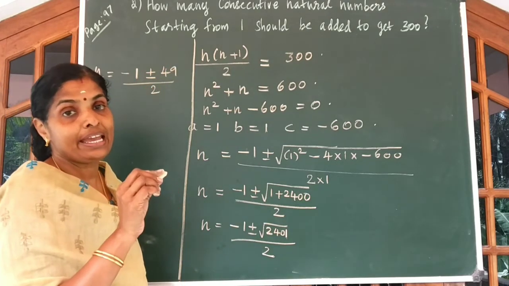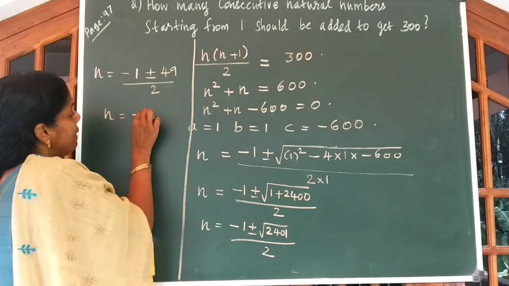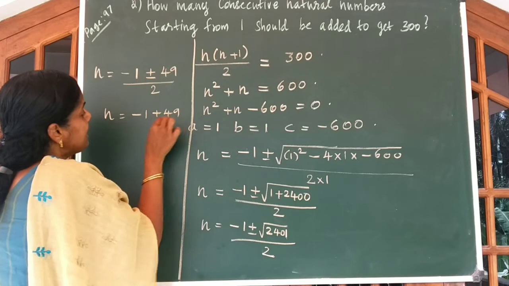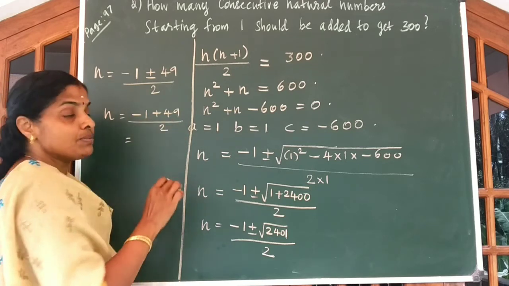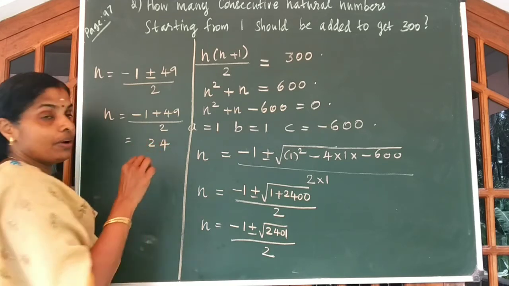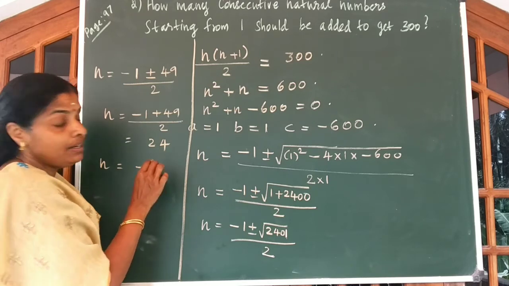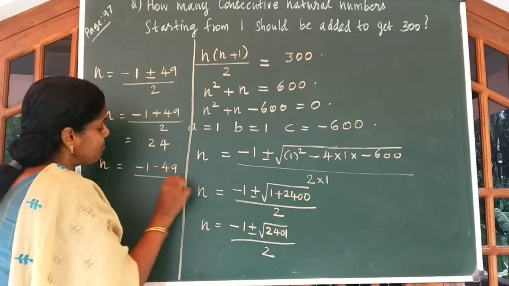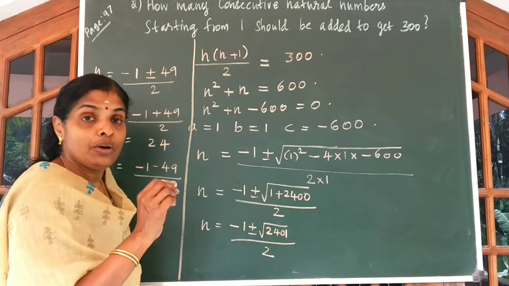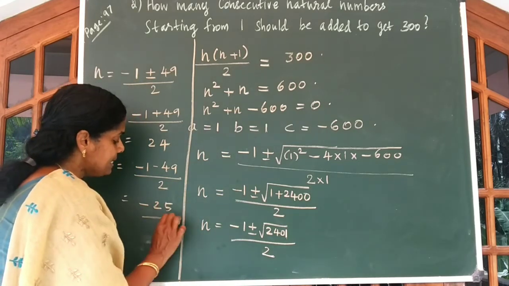So here again you get two different answers. N is equal to minus 1 plus 49 by 2 which gives you 48 by 2 which is equal to 24, or otherwise n is equal to minus 1 minus 49 by 2 which gives you minus 50 by 2 which is equal to minus 25.